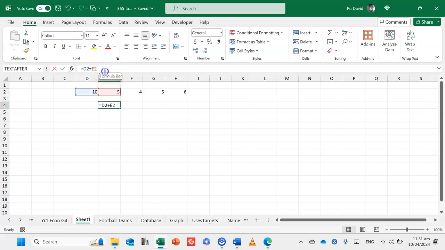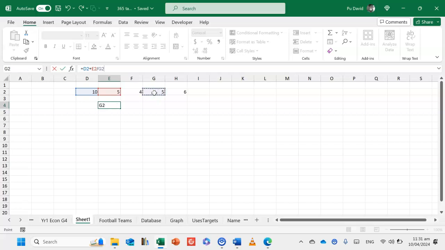Now what happens if we put in here divides by G2? What's the answer going to be this time? And the question is, is it going to add D2 and E2, 10 plus 5 equals 15, and then divide by G2, so 15 divided by 5 would be 3?